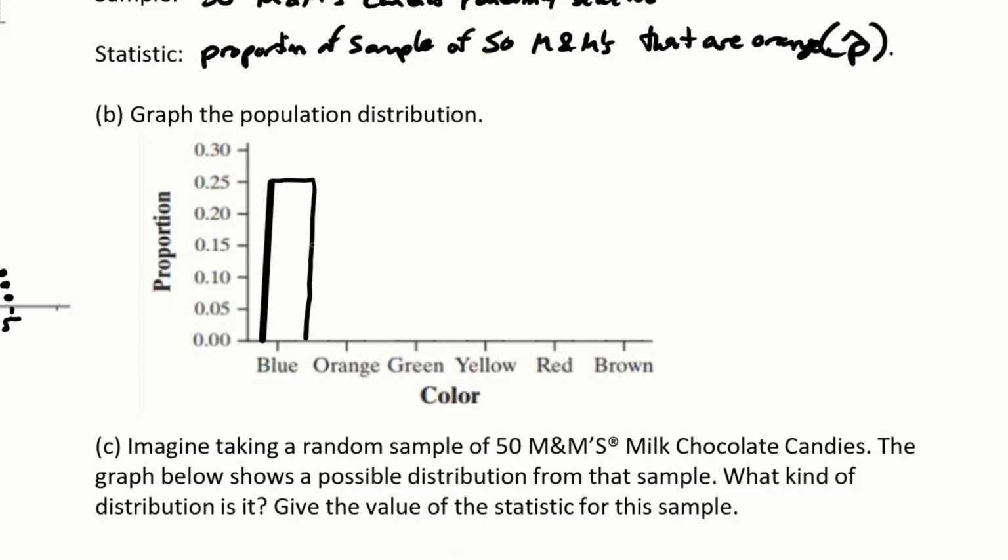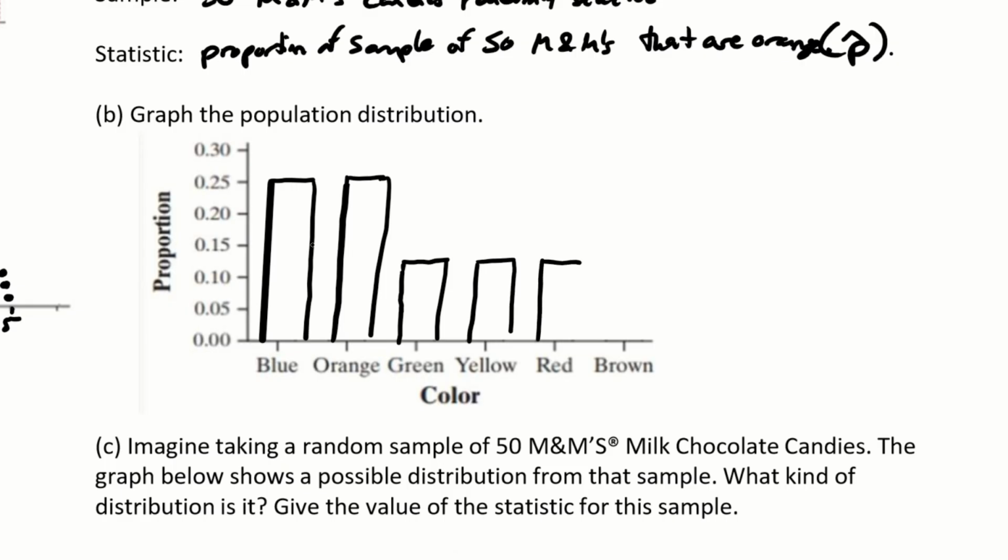The orange was also 25%. The green was 12.5%. The rest of them were 12.5%, so I'm just going to do that. All right, so there you go. That's our population distribution, right?